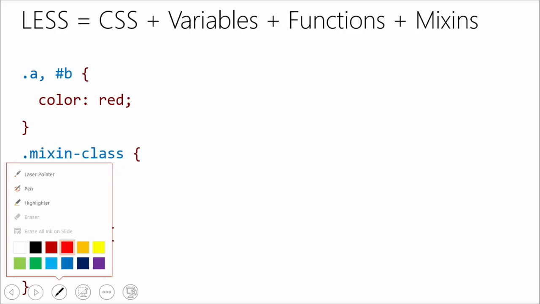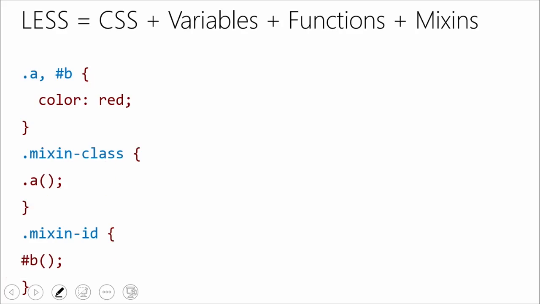So the idea is that you can define essentially a function and then call it from within something else. Sorry, not a function. You can define a style. So here in my example, let me go in and try and draw here. So I'm going to go with the highlighter. So here we've got a style.